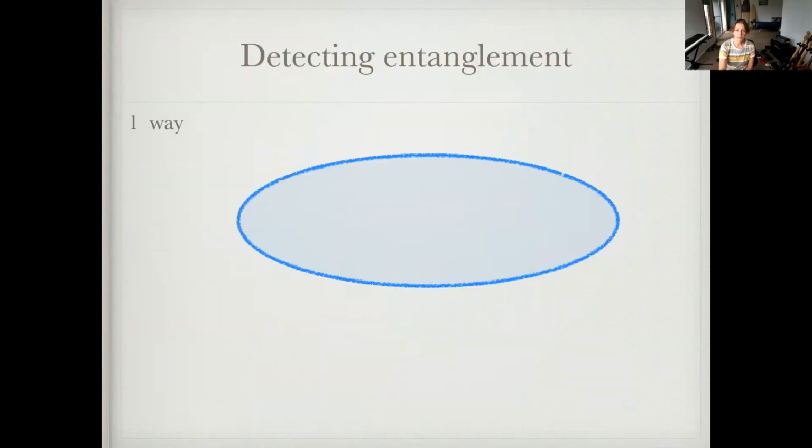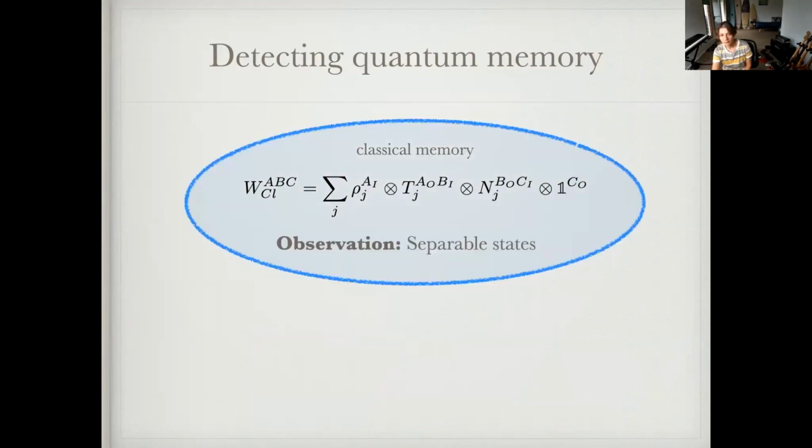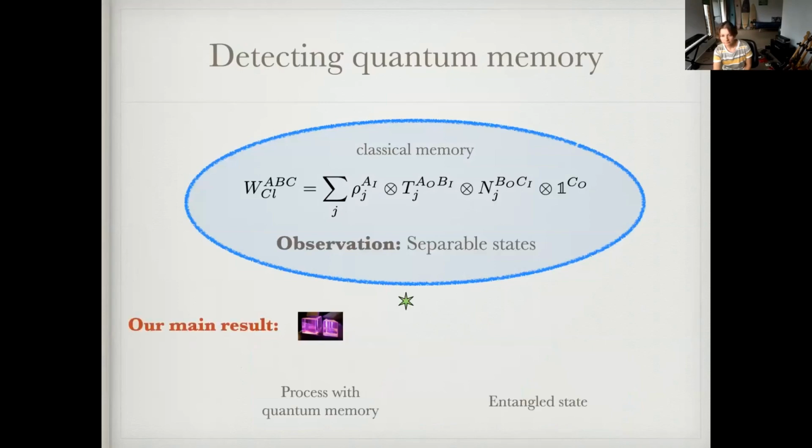I have a question about the previous slide. It looks like when you have written down W in this form, the N_j matrix cannot depend on the outcome of the previous process. Like if T_j is a measurement with certain outcomes, then N_j cannot depend on the outcome.